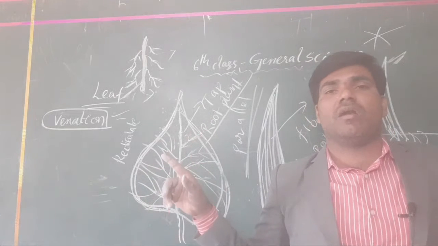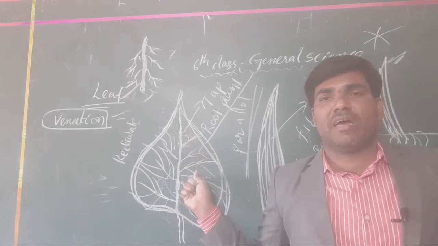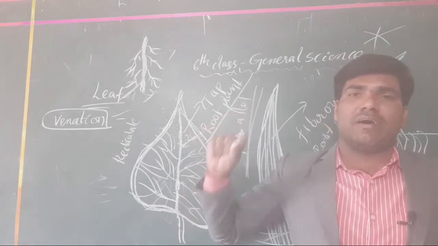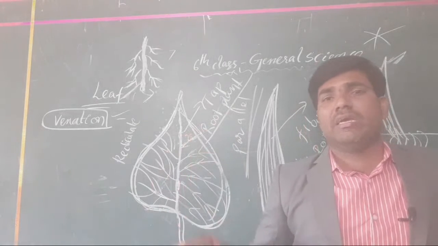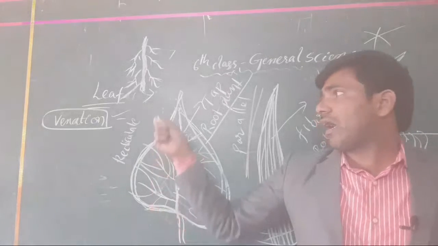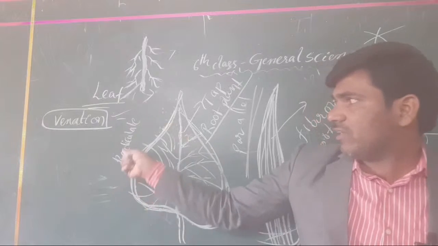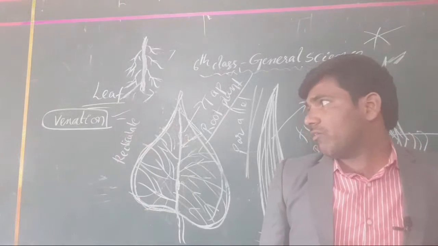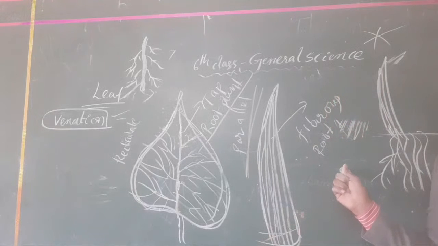That is called venation. Venation is nothing but the arrangement of veins either in the form of a web or in the form of a parallel. In case it is arranged in the form of a web, based on its plant nature, it is called reticulate venation. Otherwise it is called parallel venation.